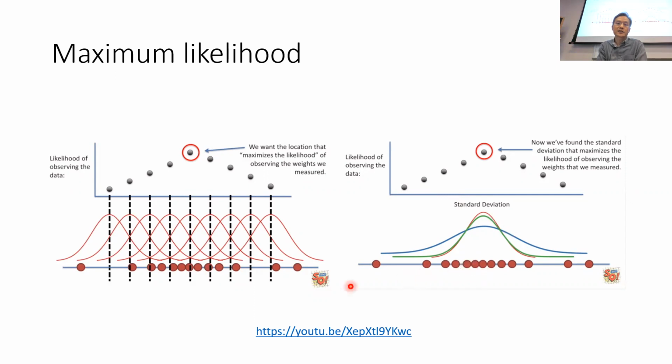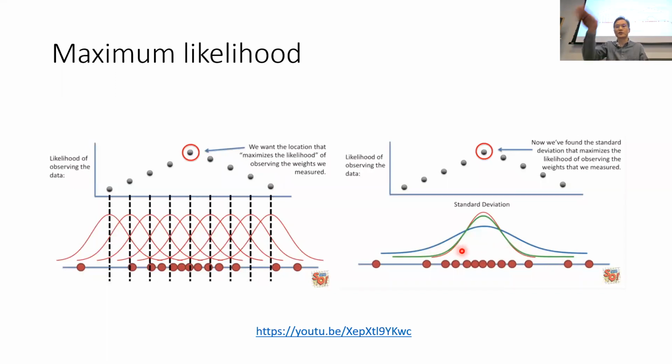In that case, the data points, which are those points on the axis, are fixed. Then we can compute the likelihood for each of the data points for a given distribution. And then we can change the distribution's parameters, and compute the overall likelihood for all the data points under different distributions.